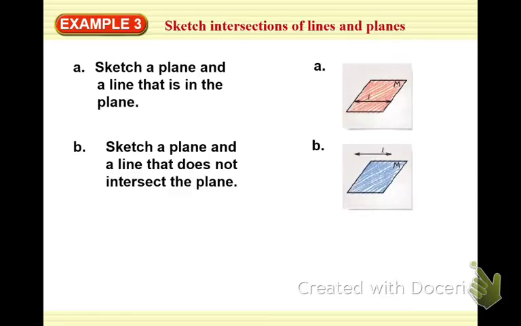Two things that do not intersect are called what? Yeah, parallel, right? So you just want to make your line and your plane look like they're parallel. And so kind of the opposite of up here, you'd want to sketch a little slanted box for your plane and then make sure that you draw a line that's not anywhere in the vicinity of the plane. And that would take care of that. Okay?